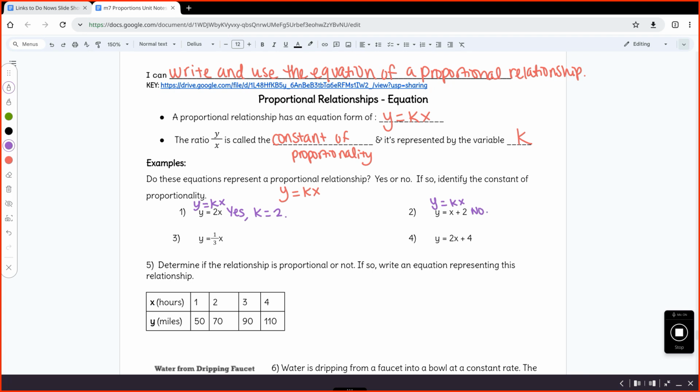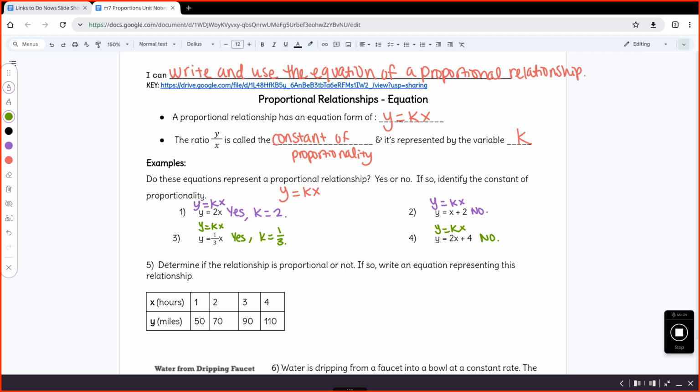The next one, if you write y equals kx at the top, yes, you'll notice this is a proportional relationship. It is written in the format y equals kx, and then k equals 1/3. All right, next here we have y equals 2x plus 4. So because of the plus, automatically we know that this is not a proportional relationship. It does not look like y equals kx.